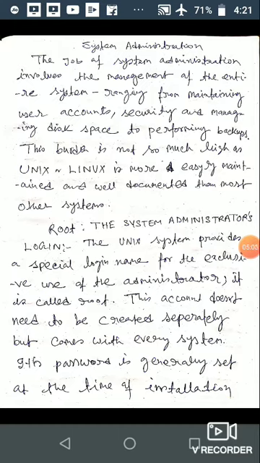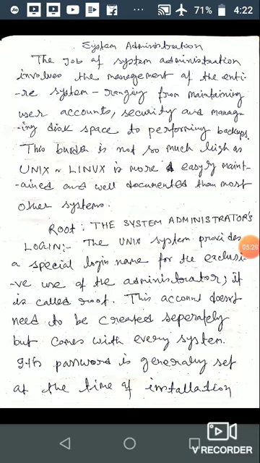The Unix system provides a special login name for the exclusive use of the administrator. It is called root. This account doesn't need to be separately created but comes with every system.